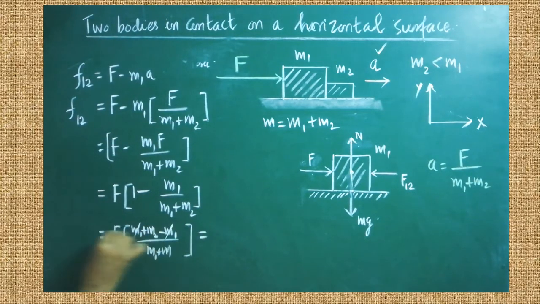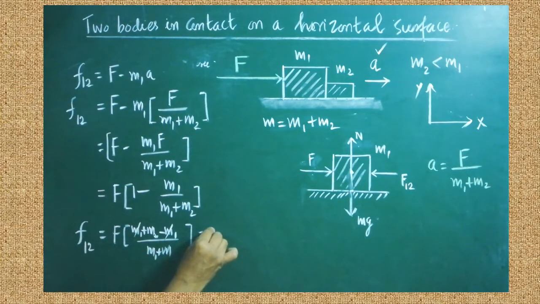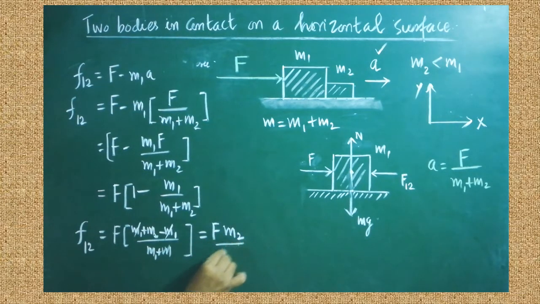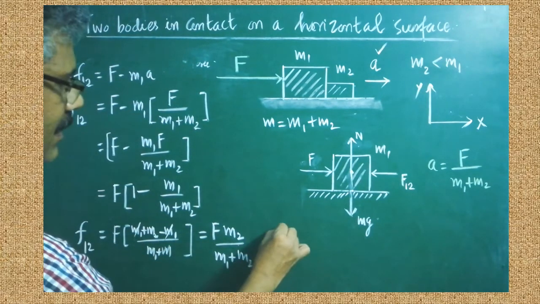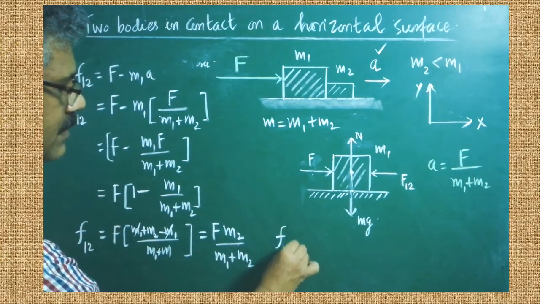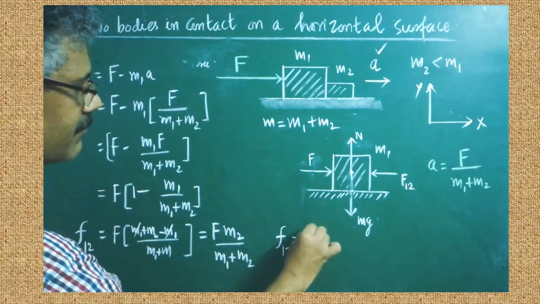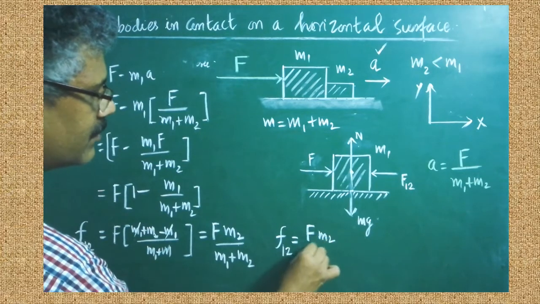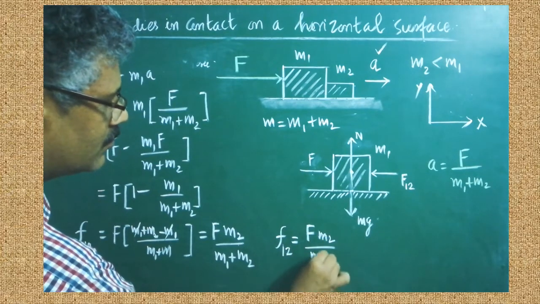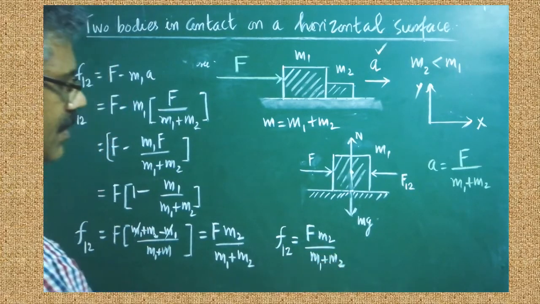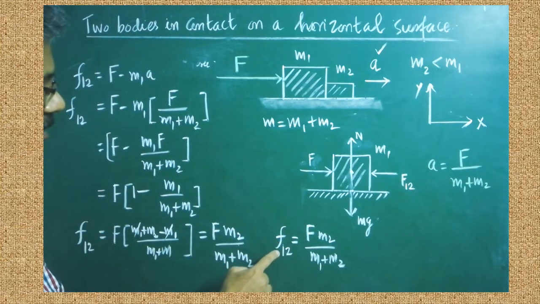So finally the F12 equation becomes F M2 divided by M1 plus M2. So this is the magnitude of F12. I will write it here. F12 is nothing but F m2 divided by m1 plus m2. So this is the magnitude of the force.